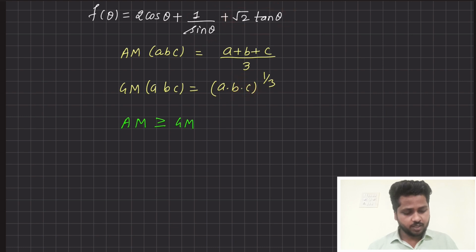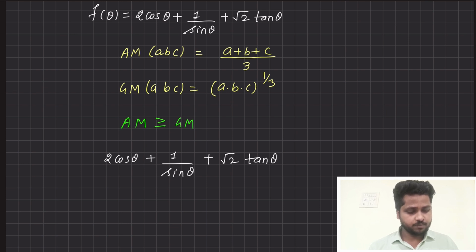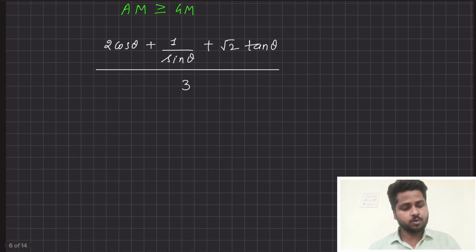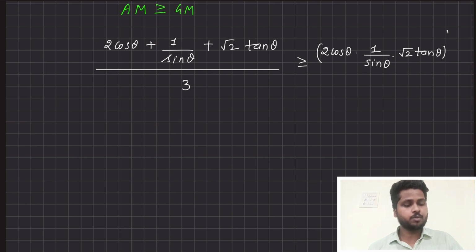According to this, I can write here: 2 cos theta plus 1 by sin theta plus root of 2 tan theta, divided by 3, is greater than or equal to 2 cos theta into 1 upon sin theta into root of 2 tan theta, whole raised to 1 upon 3.